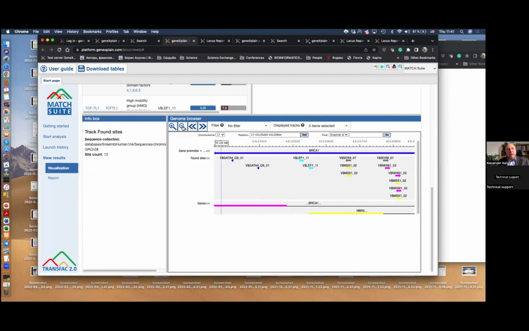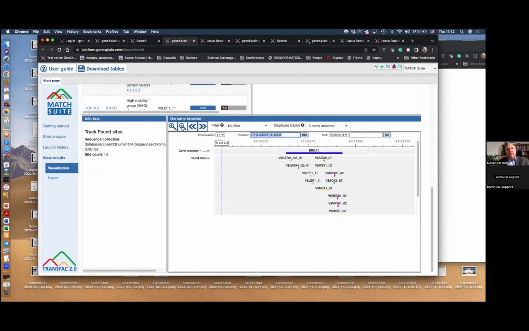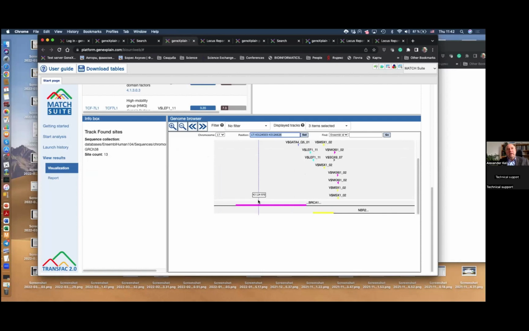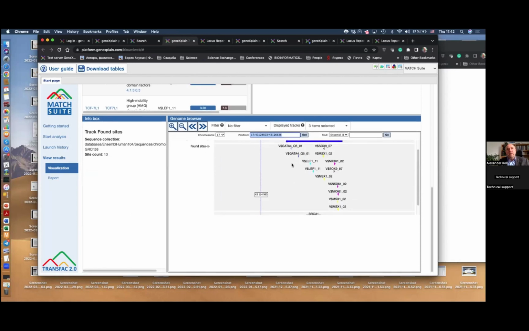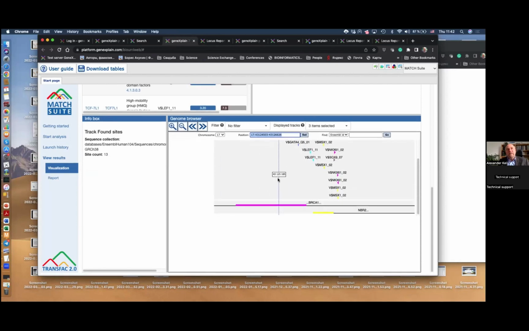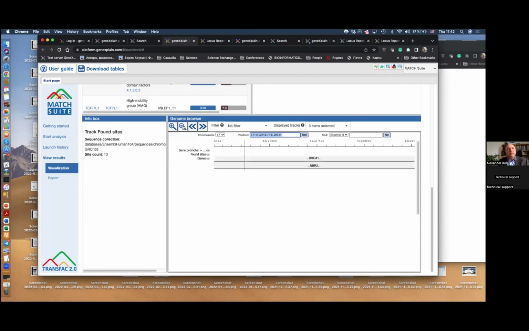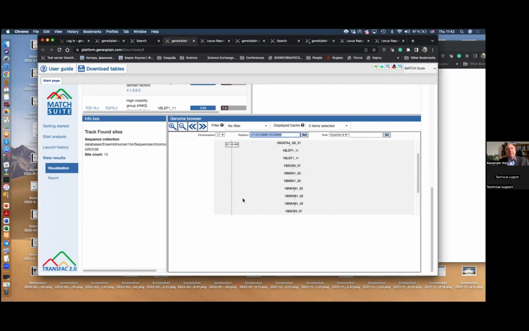That's an interesting case, because this testis-specific promoter is in fact not located upstream of the first exon. If you look a bit to the right of that gene and zoom out, you see the gene has exons and introns.